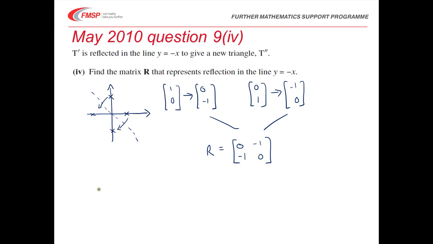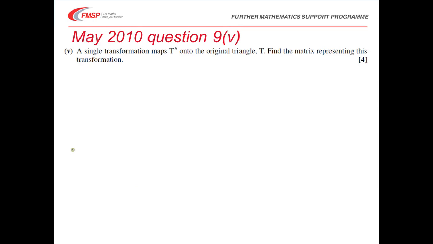So the triangle T dashed, I did P followed by Q and then R. So the full transformation from T to T double dashed is using RQP.